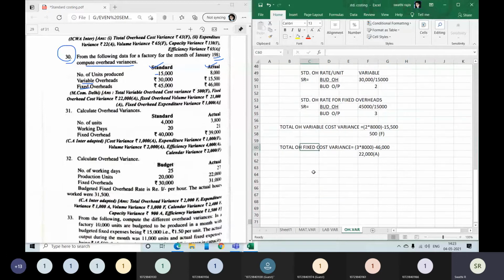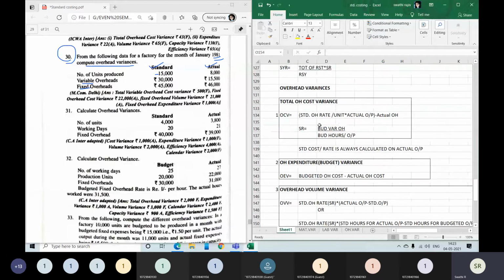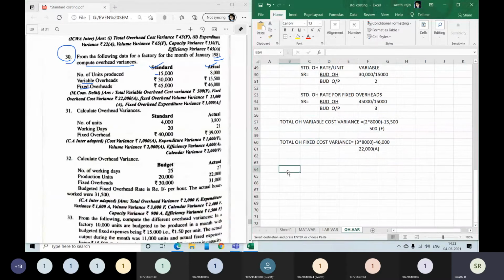Oh, it is not here. I'll just take it from the formula page. Next overhead is budget variance. Is there anything in budget? Budget variance, find out budget variance: budgeted overhead cost minus actual. So for variable, it's understood I'm talking about expenditure.